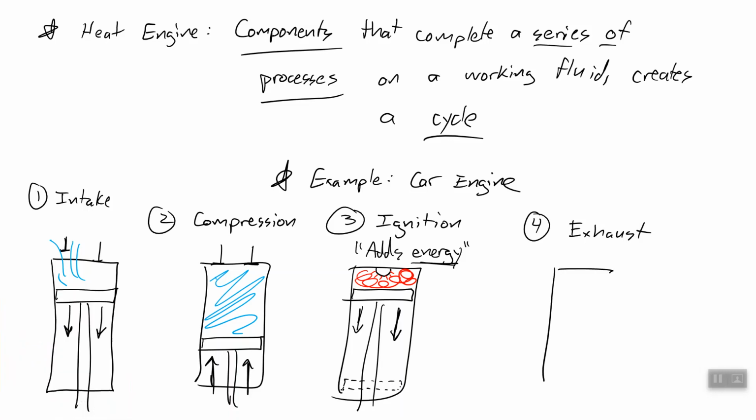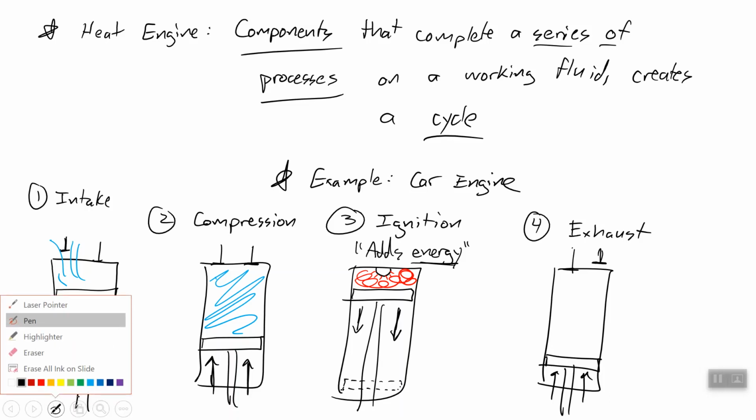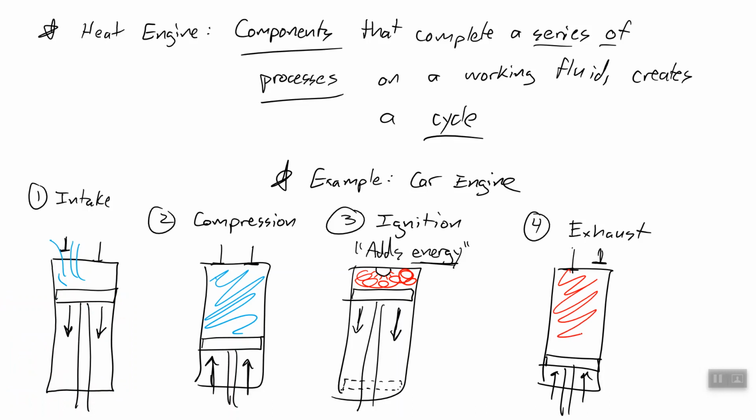So instead, we're going to exhaust the air that is left over by once again pushing our piston up, and now the remaining somewhat hot, somewhat pressurized gases are pushed out. And so that is our waste heat that we talked about earlier.